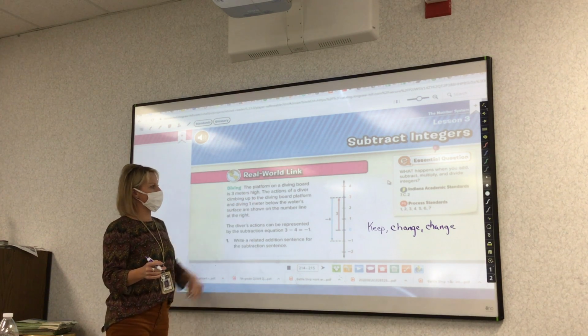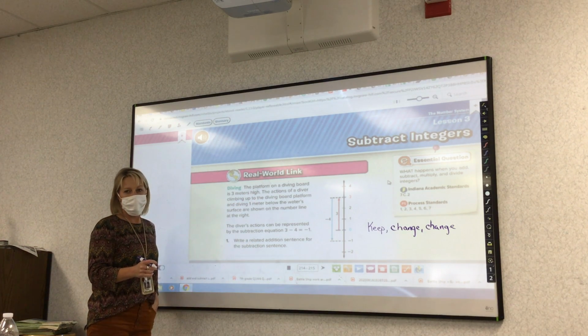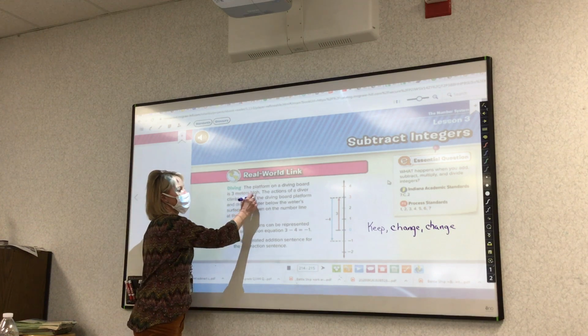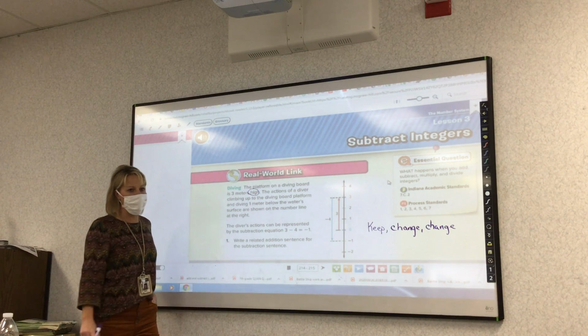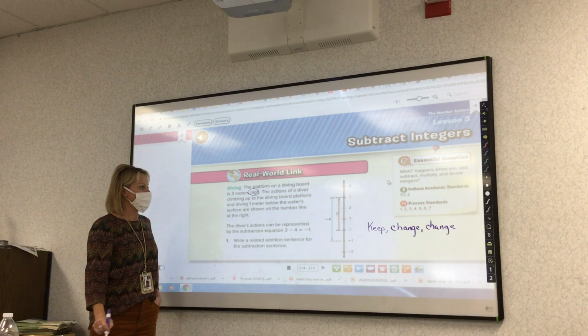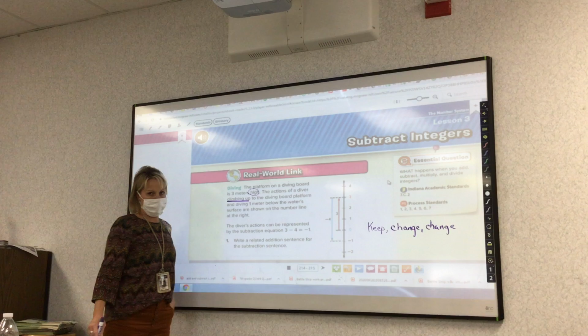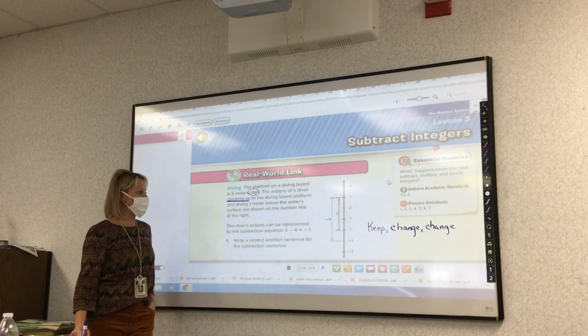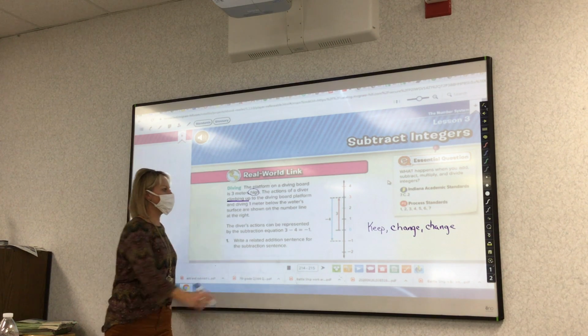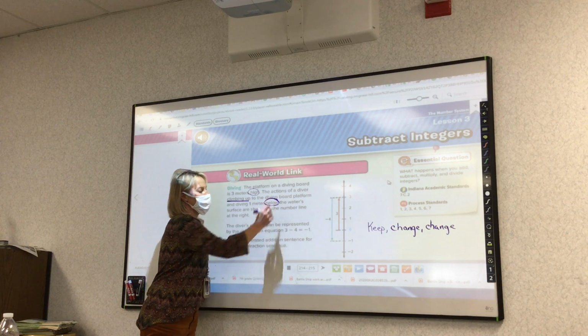We have clue words in here. It's 3 meters high. Circle the clue words. The actions of the diver climbing up. Underline climbing up. And diving 1 meter below.